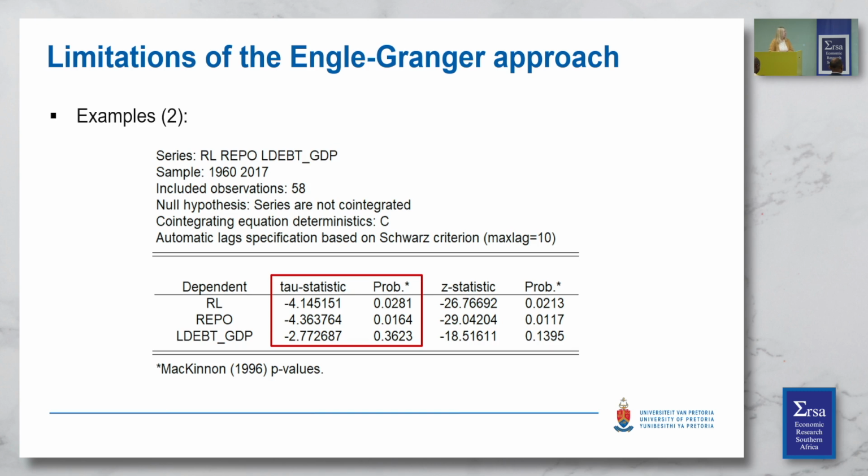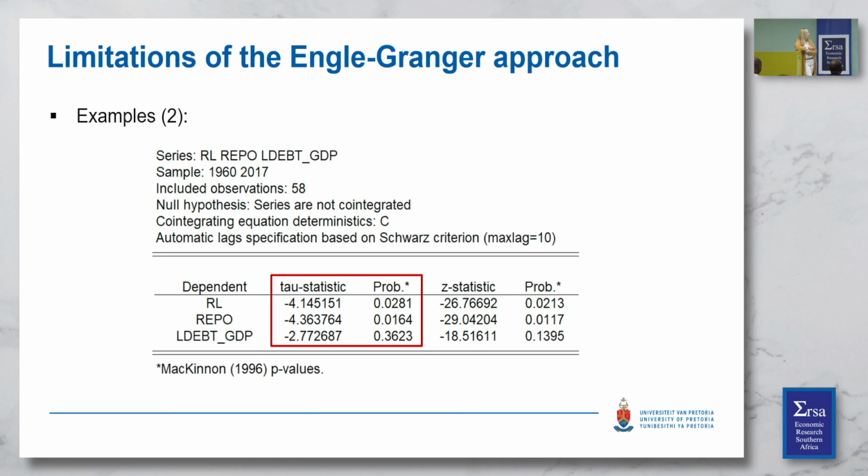But look at this. If we look at these three variables, it's the capital market rate, this can be, I think, the 10-year bond rate or whatever, and then the repo, which represents the monetary policy, and the debt to GDP, which is a crude measure of the fiscal stance.